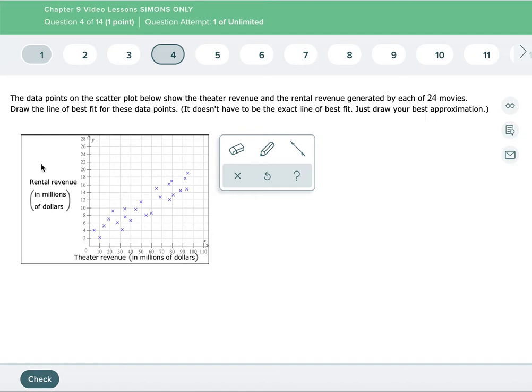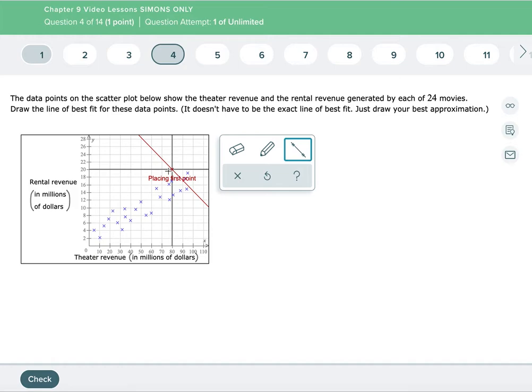Okay, so the theater revenue, in other words, the amount of money that the theater is making, is your x value, and the rental revenue in millions of dollars, which is the money that the movie itself makes, is your y-axis. So now all you have to do on these, and it's pretty straightforward, is click on this line tool, and it gives you a line right here.